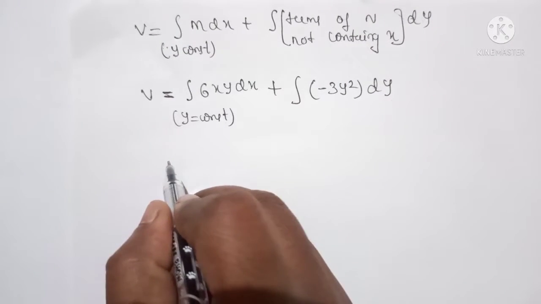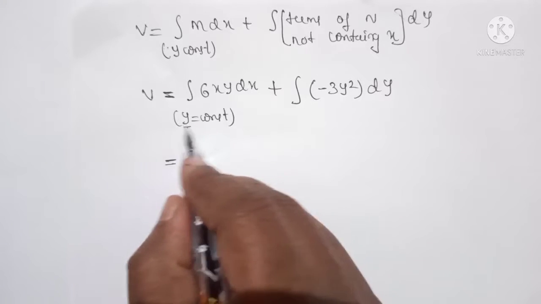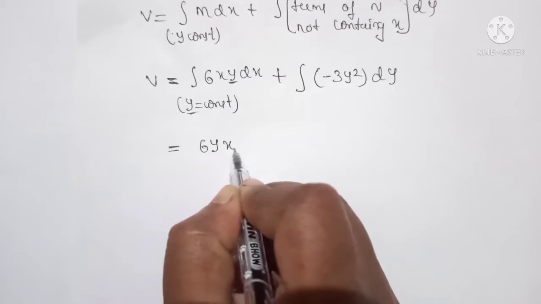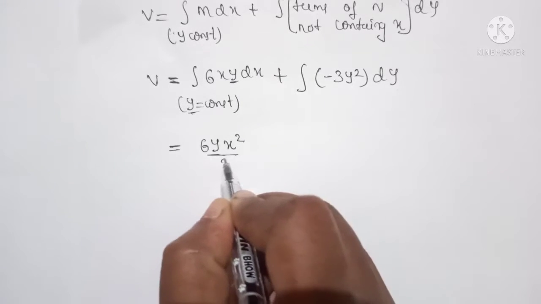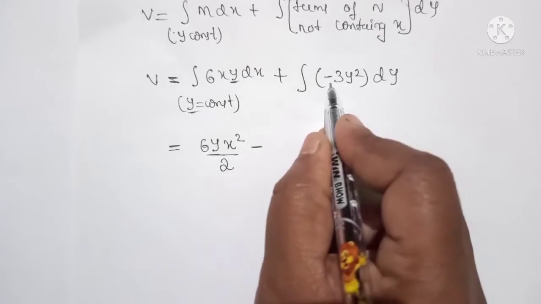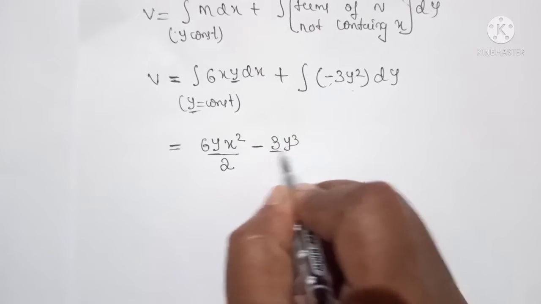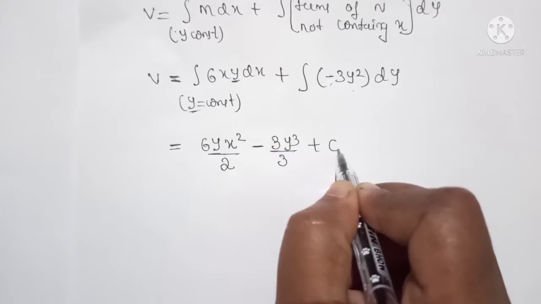Now integrating, we get, so here we have to treat y constant, so therefore 6y taken outside, x integration is x square divided by 2. So minus 3y square integration is y cube by 3 plus c.